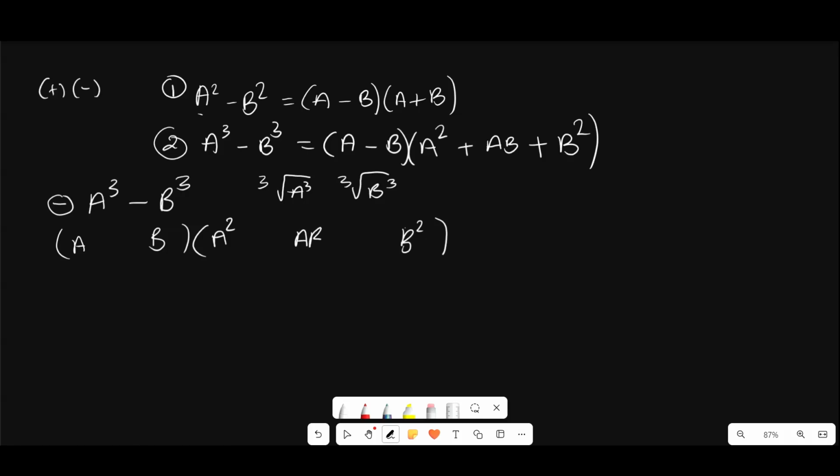Okay, ab. Now when it comes to signs, please take note of this acronym here, SOAP, also known as the SOAP method. The S stands for same, the O stands for opposite, and the AP stands for always positive.